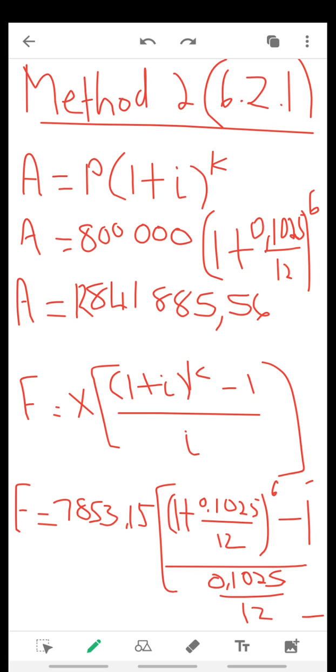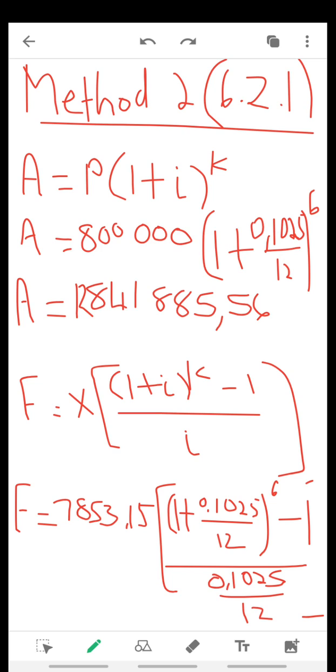So that means end of the 6 payments, this is how much is out there. This is how much we have, which is 841,885 rands 56 cents.